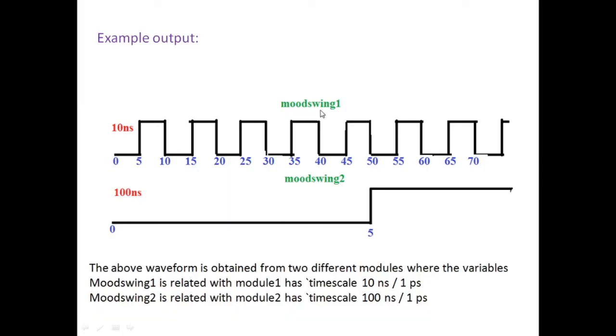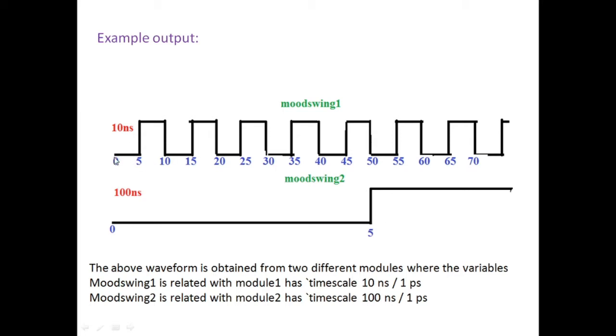So mode swing 1 activity is continuously taking up to 50, no, I can say it is 5 microseconds, because the basic unit of measurement for this delay is 0.1 microsecond, and the basic unit of measurement for this delay, that is in module 2, is 1 microsecond. So I cannot say it is 50 microseconds, it is 50 into 0.1 microsecond, that is 5 microseconds, and this is 5 microseconds.